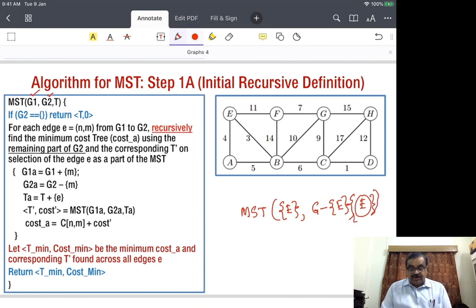This is how it is called. Once it is called this way, then we know the recursive base condition: if G2 is null. But in this case, G2 will not be null. So let us assume that we start with this node E.